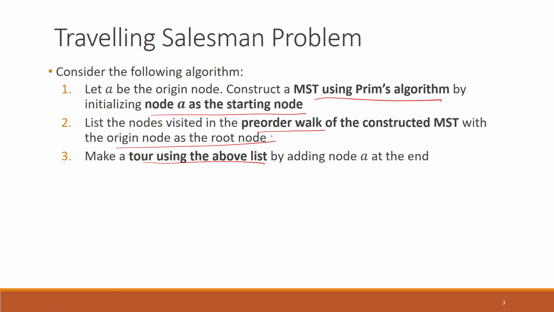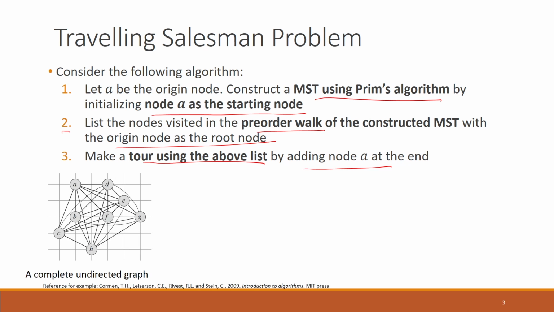So, we will get a pre-order walk from this second step, and from there we will just add node A, the origin node, at the end, and that will give us a tour. In order to understand this, let us take a look at an example. This example has been taken from the book by Cormen and others, Introduction to Algorithms. This is an example of a complete undirected graph.